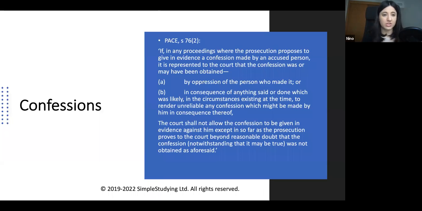Confessions is also an important topic that you should be revising. Section 76 is the main law about confessions.